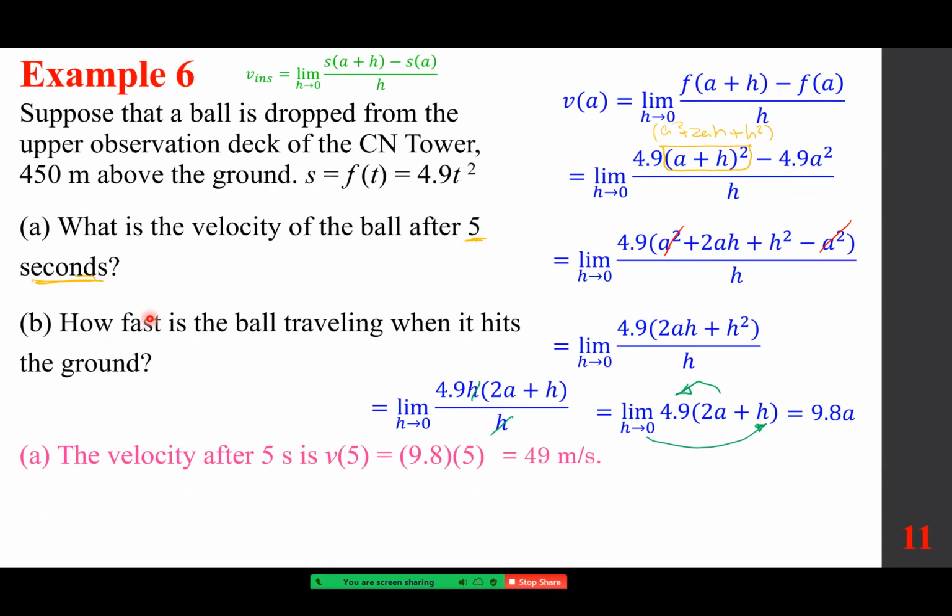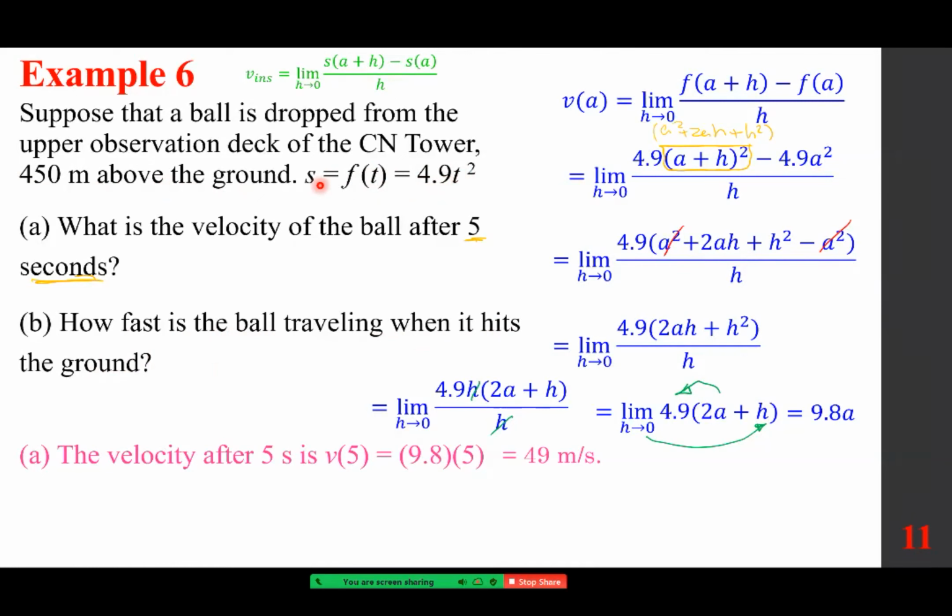But for part B, first I have to figure out what is a T. It says how fast is the ball traveling when it hits the ground. Remember, it's 450 meters above the ground, and it covers this distance of 4.9 T squared.